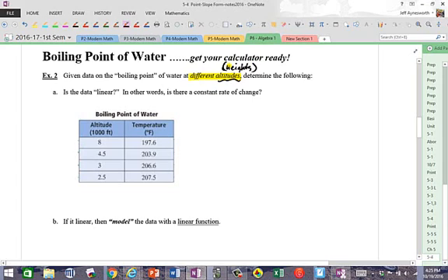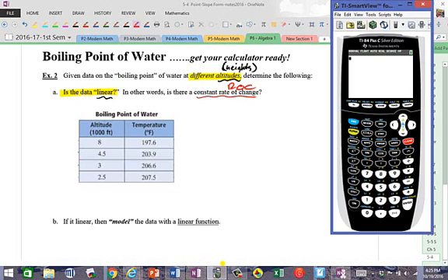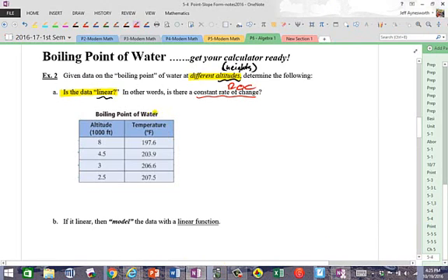The question is, is the data linear? I don't know. That's the first big question. Is it linear? In other words, is the rate of change constant? I'll call that rate of change ROC in my notes. Is it constant? I don't know. Let's figure it out. So get your calculators because we are going to use them. Let's call these the x values and the y values. We need to calculate delta y and delta x.